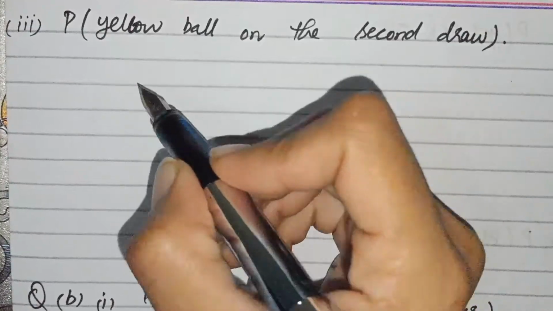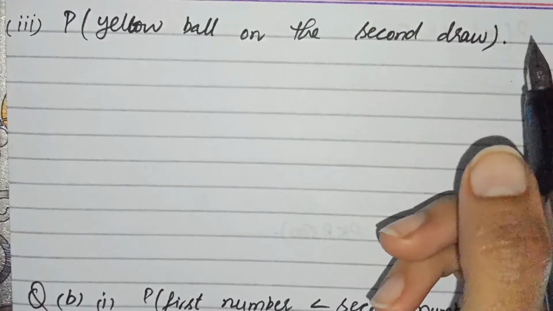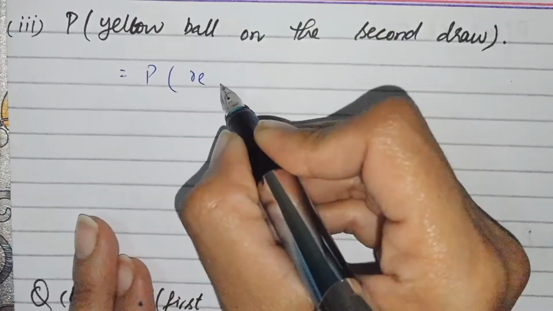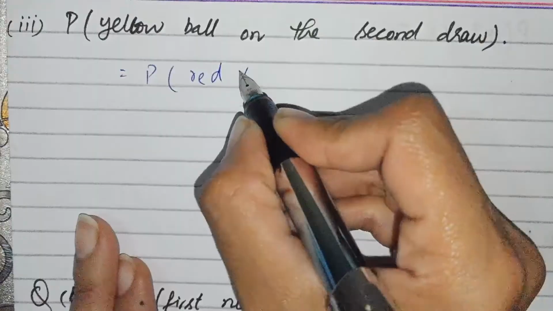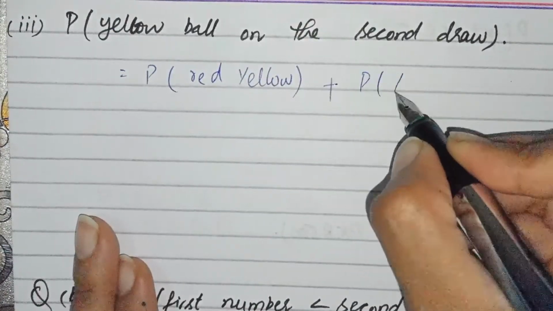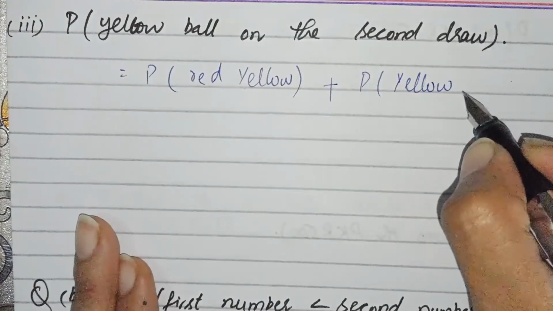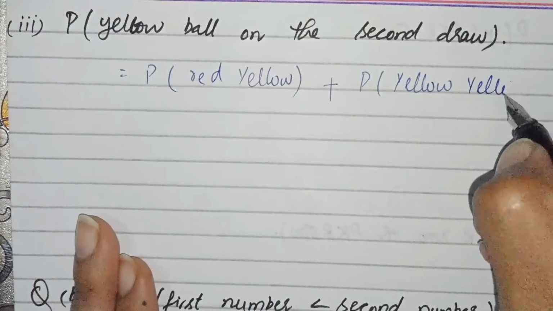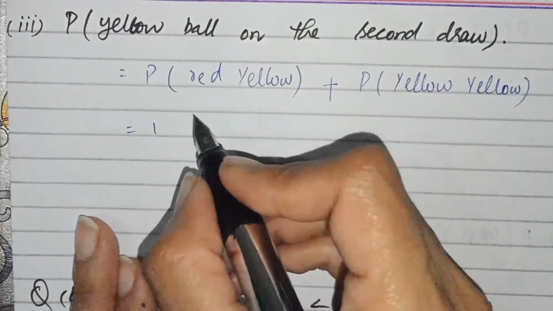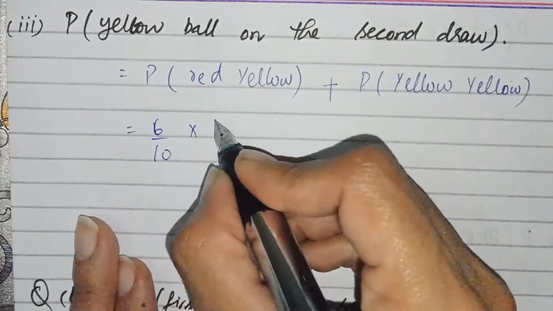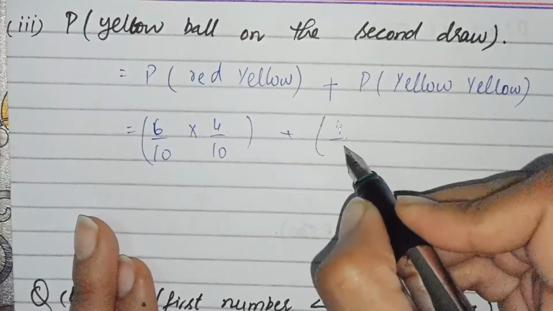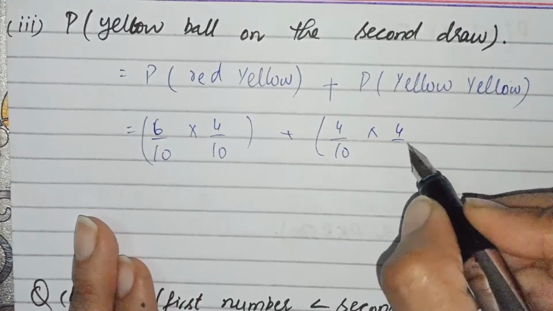Now students, part number 3, probability of a yellow ball on the second draw. The probability is red and yellow, or probability of yellow and yellow. You know the probability of red is 6 by 10 and yellow is 4 by 10, and the probability of yellow is 4 by 10 and yellow 4 by 10.